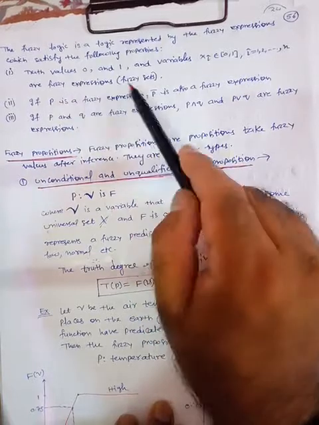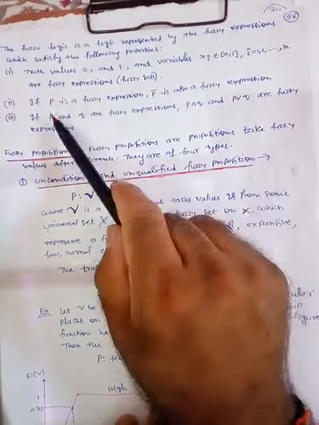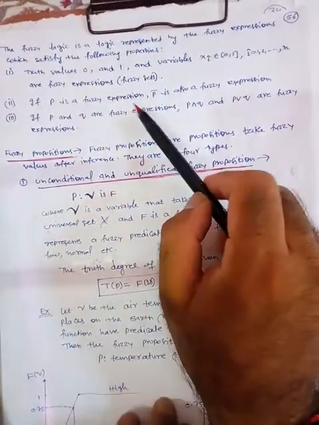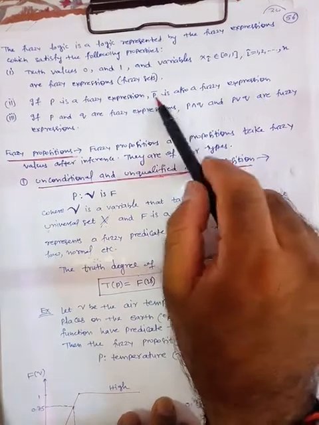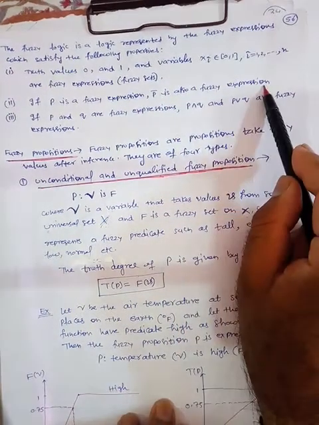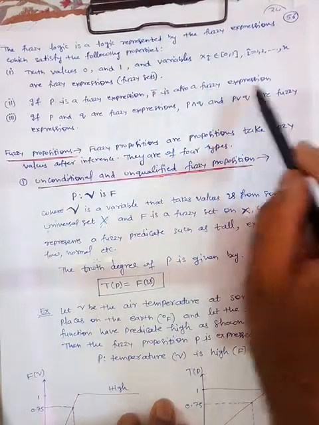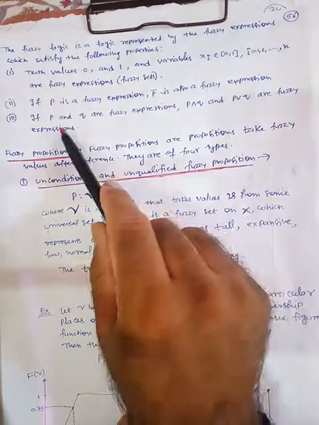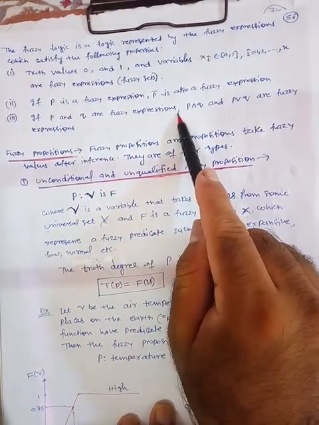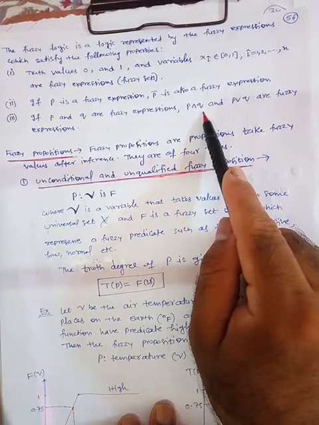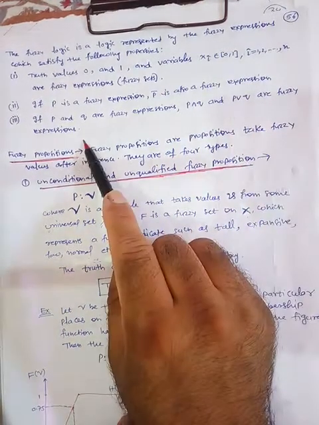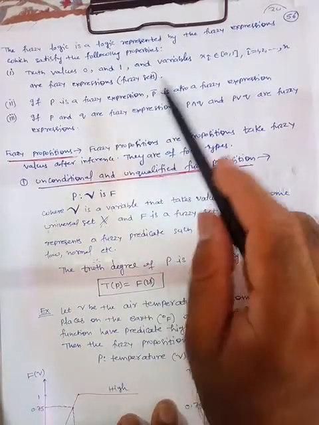If P is a fuzzy expression, then P bar is also a fuzzy expression, that is, its complement is also a fuzzy expression. If P and Q are fuzzy expressions, then P meet Q and P join Q are also fuzzy expressions.